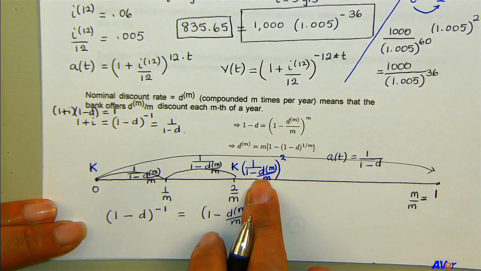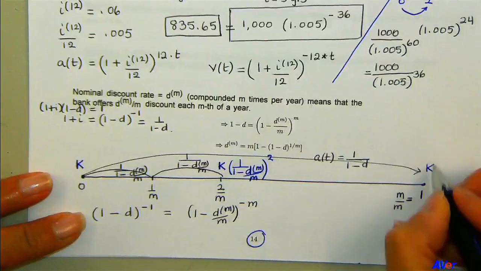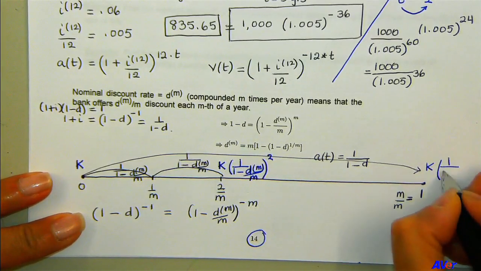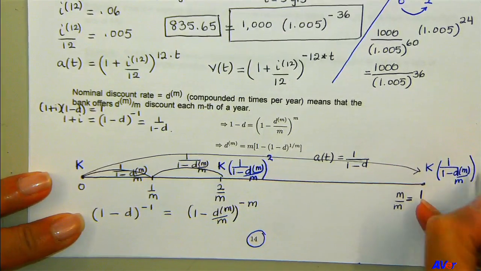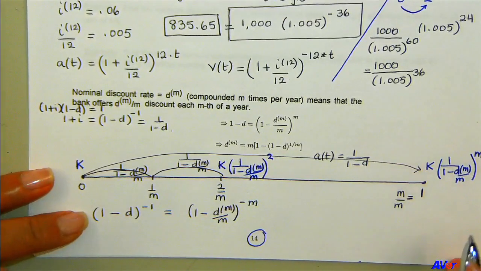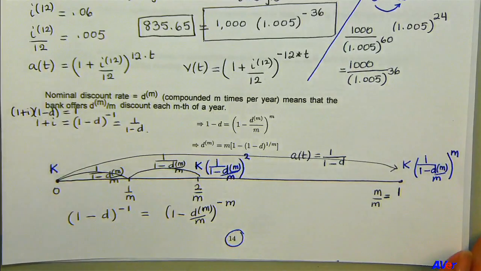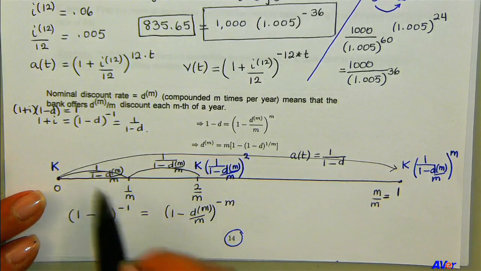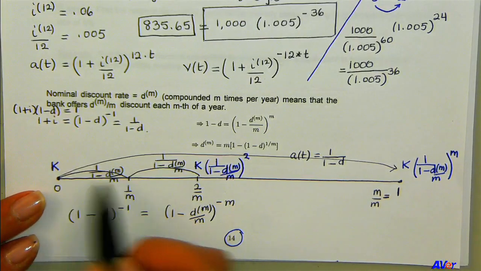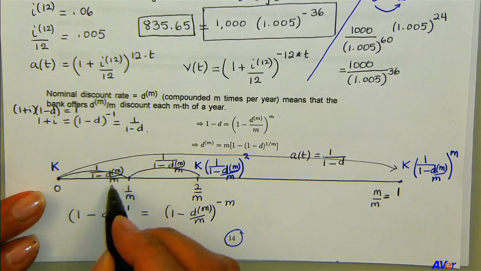And here the value would be k times 1 over (1 minus d^(m) over m) to the mth power, where the accumulation function for the monthly is just 1 over 1 minus d^(m) over m.